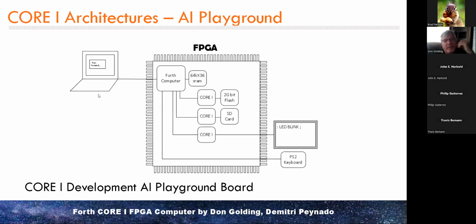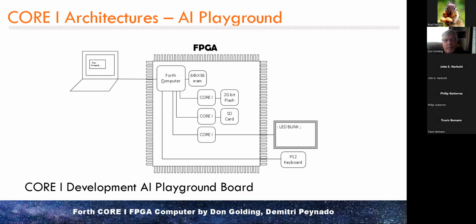This is the development board. This is kind of what we're doing inside, what I'm thinking about. As we go along, we may find that we don't even need a Core 1, but this is an idea of how you can assign cores to do different tasks.